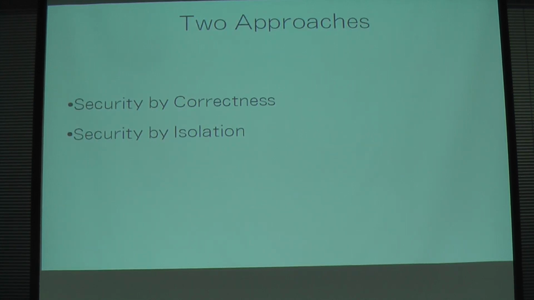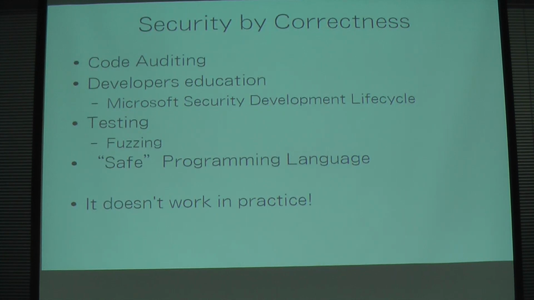There are two approaches to solve this problem. The first is security by correctness, the second is security by isolation. Security by correctness means code auditing, developer education, testing, or safe programming languages, but it doesn't work in practice.